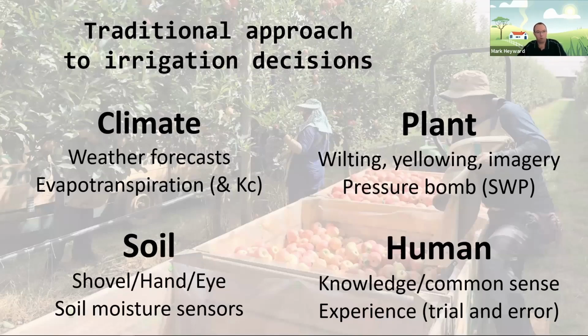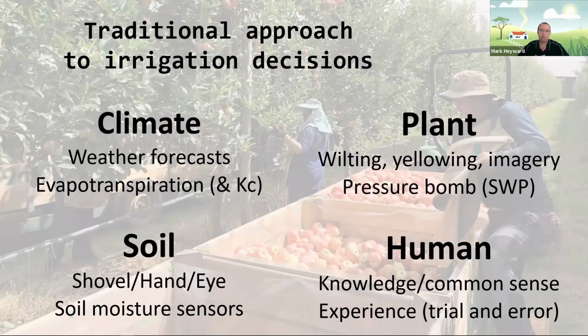The soil moisture sensors monitor a very small amount of soil in a block, maybe giving an indication of the level of water that's available to the trees. However, we still have to make a guess at whether that amount of water is the right amount for the trees. There's still a guess involved in using soil moisture sensors.